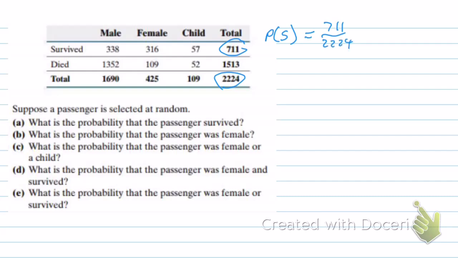I could leave that as a fraction. I'm kind of thinking that one's not going to reduce. I can make it a decimal. So you got to read the question and say, do they want a reduced fraction or a decimal? So looking at that, only about a third of the people survived.